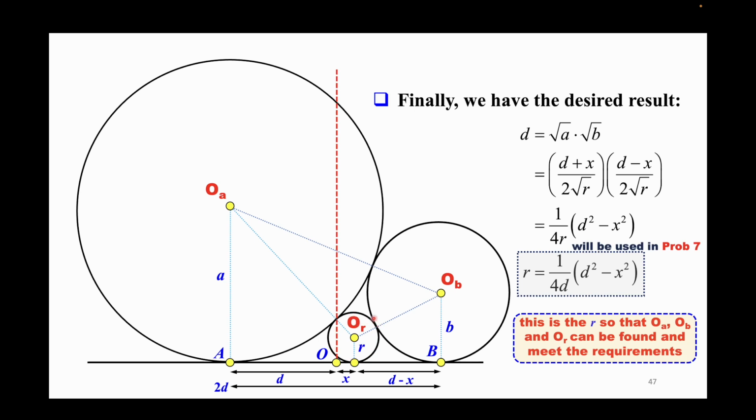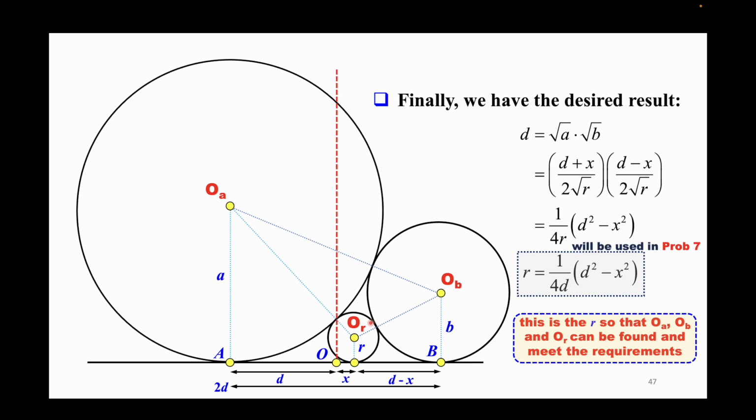If this circle is considered to be OR, then a circle OA tangent to OR and at A, and a circle OB that is tangent to the line at B and also tangent to the circle OR can be found.